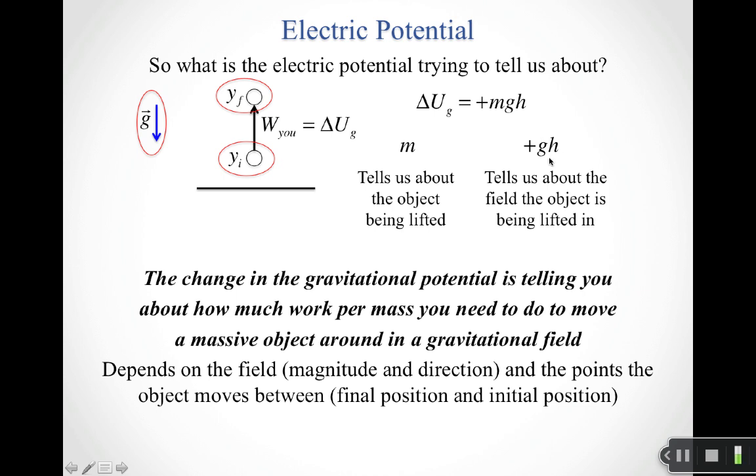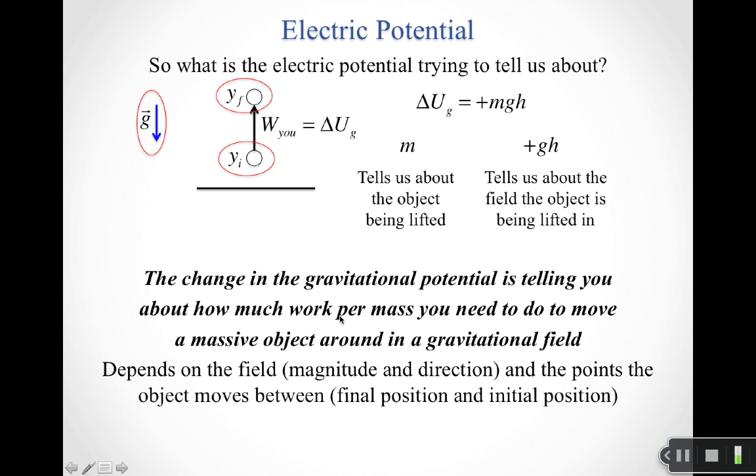So this would be the change in gravitational potential. And again, you can see that it depends on the strength of the gravitational field, that's g. The h is telling us how far we moved, and then the plus is telling us how we moved relative to the direction of the gravitational field. So the gravitational potential is trying to tell us really about how you're moving around in the Earth's gravitational field.